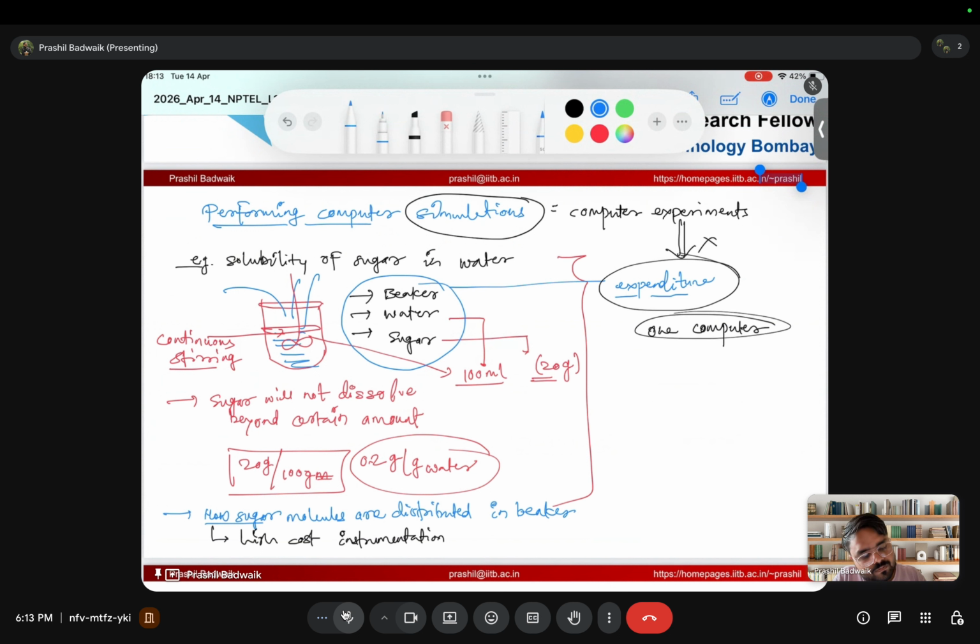And that is available with everyone, correct? So to do these simulations, we need just one computer. What else do we need?